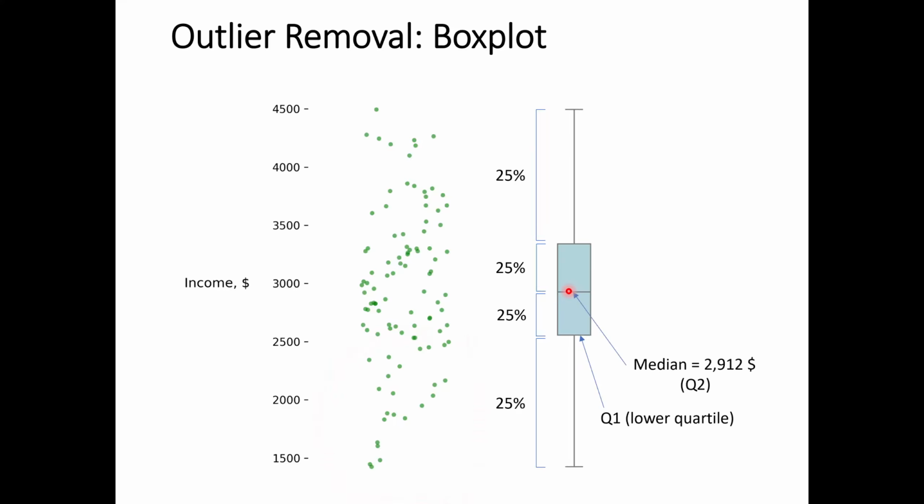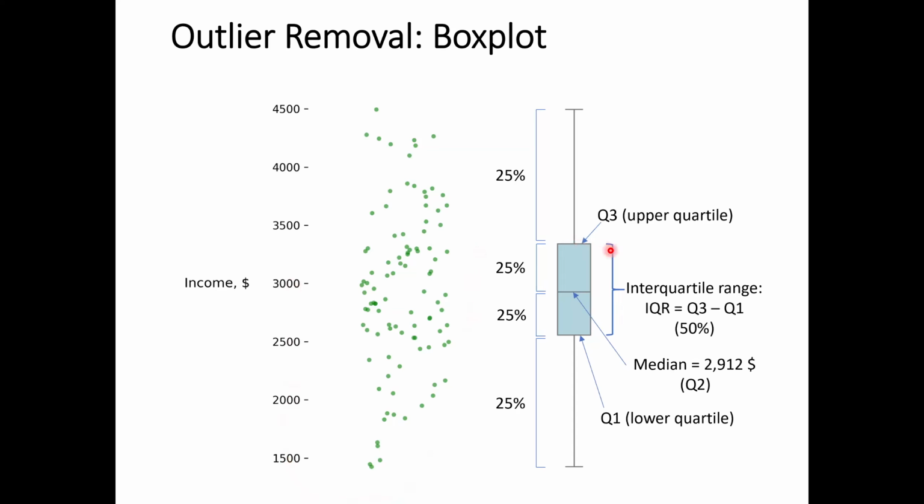Exactly half of the values are below the median and half are above it. Another name for the median is Q2. Sometimes the mean is also shown as a dot or a dashed line inside the box. Q3, or the upper quartile, is the value below which 75% of the data fall.